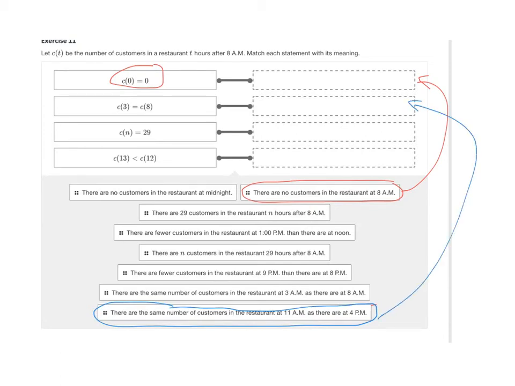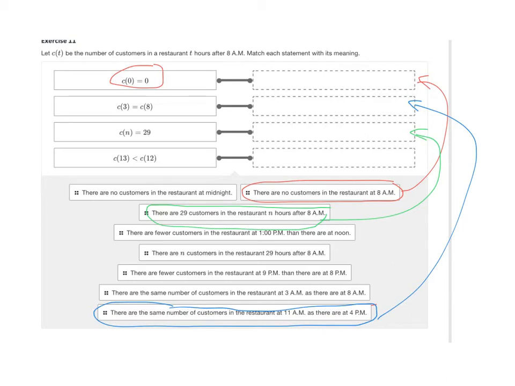We've got some hours after 8 o'clock. There are 29. Let's see if we can find that one. There are, nope, it's not that one. There are 29 customers in the restaurant. Yep, so that one is the third one.